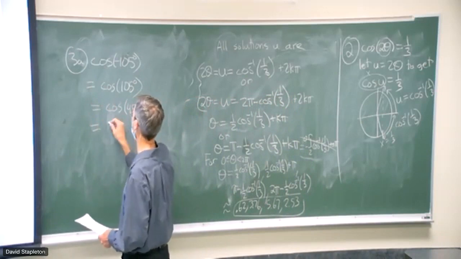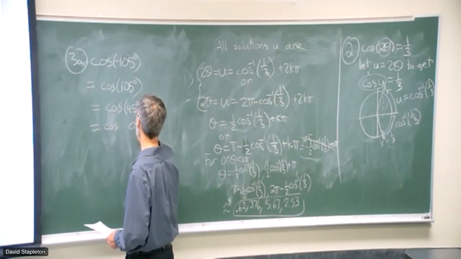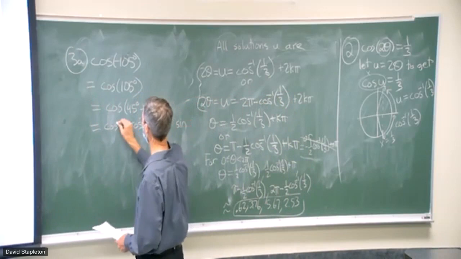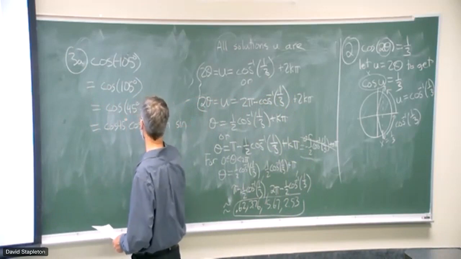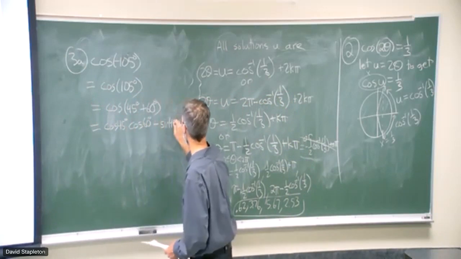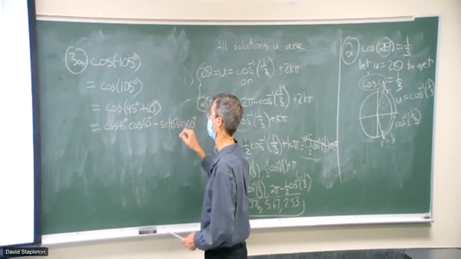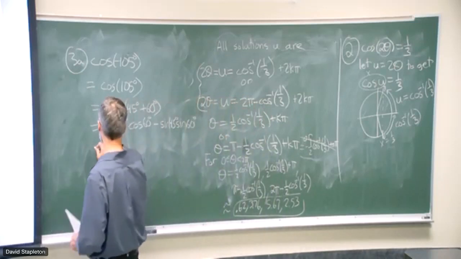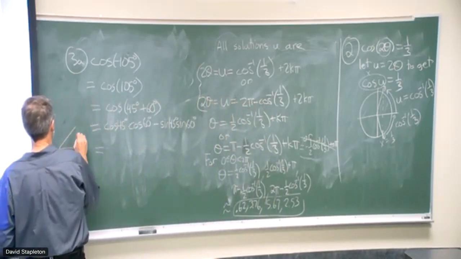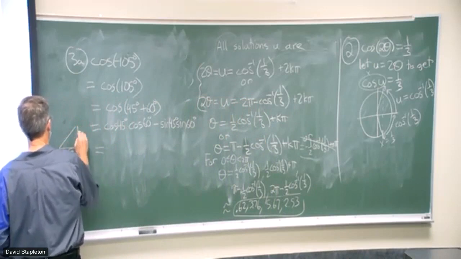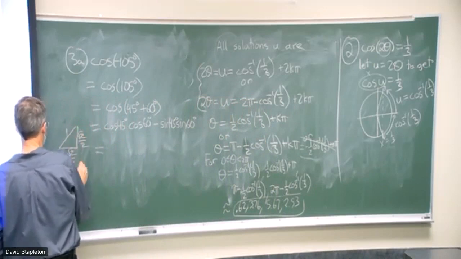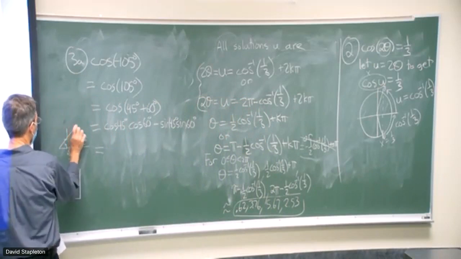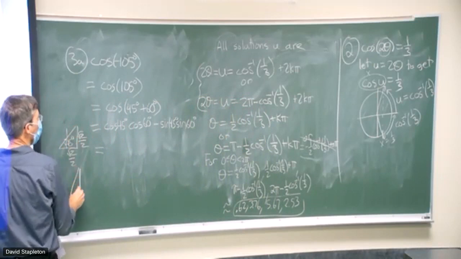And then remember cosine of the sum is cosine cosine minus sine sine, with the angles in the same order, 45 degrees, 60 degrees, 45 degrees, 60 degrees. Then you have to be able to take your trig functions of special angles, right? You need special triangles or the unit circle. Pi over 4 or 45 degrees, and then 60 degrees.